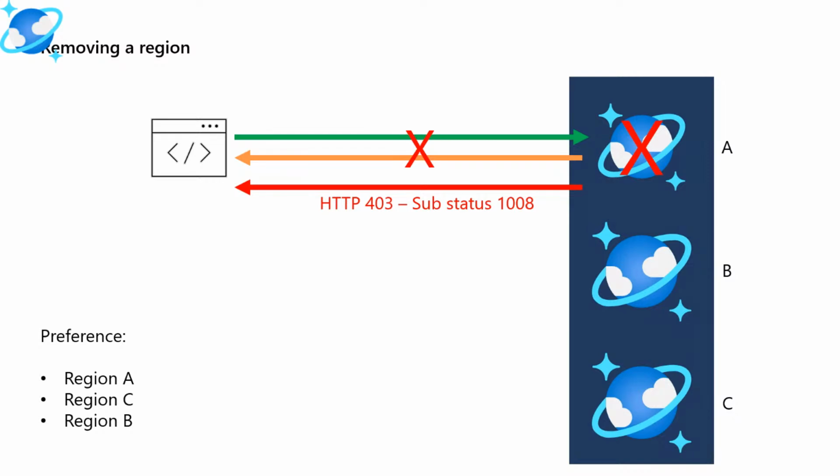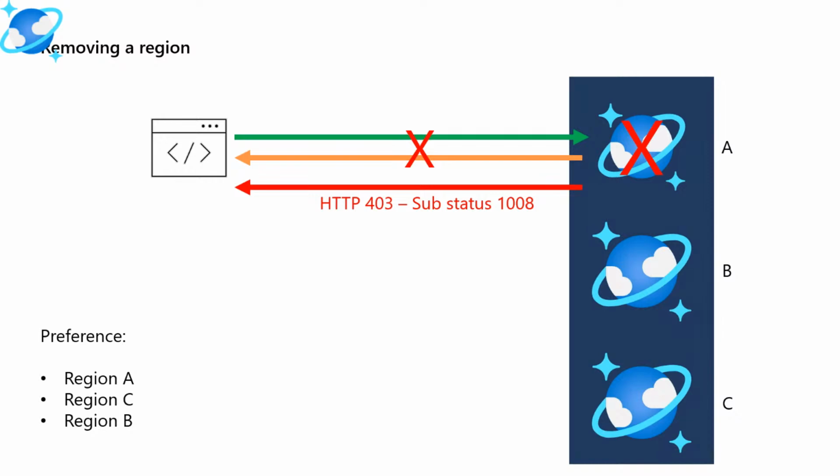Now, this region going offline can surface on the client in two different ways, depending on whether the SDK is actually doing operations while the region is going offline, or the SDK is trying to perform an operation while the region is already down and not reachable.